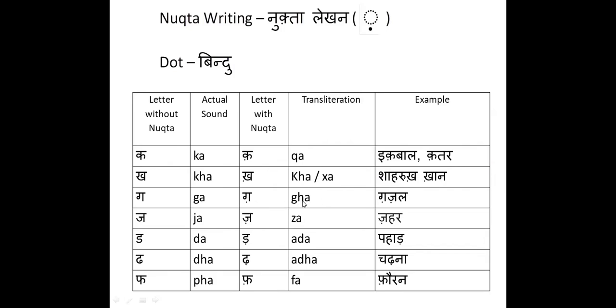Next one, Ja. The actual sound Ja, with Nukta, translates to Za. If you put one dot, one bindu below that Ja, you have to pronounce it as Za.